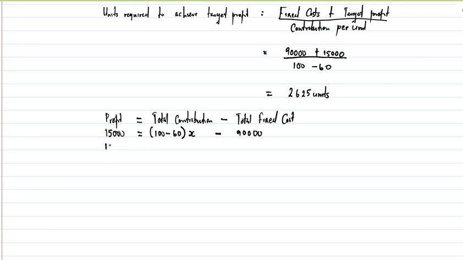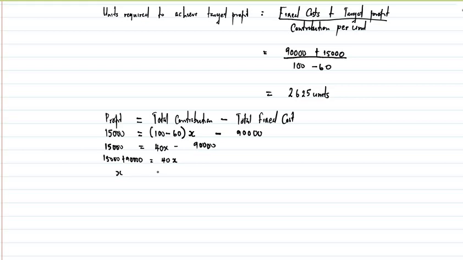So it will become 15,000 equals 100 minus 60, that's 40, which is 40x, minus 90,000, right? Then we group like terms here, so it becomes 15,000 plus 90,000 is equal to 40x.